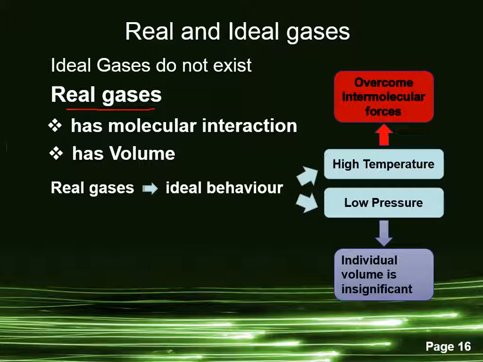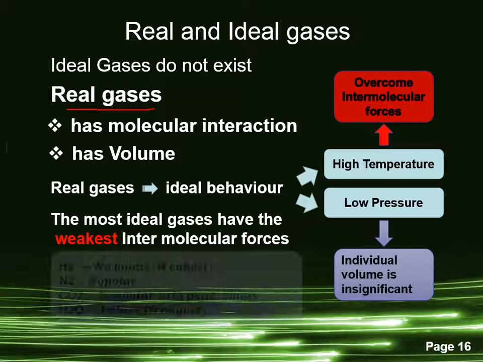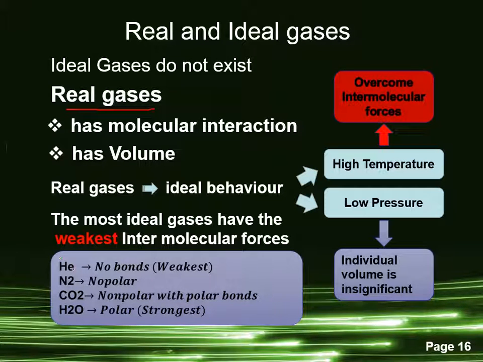The most ideal gases have the weakest intermolecular forces. For example, among these four gases, helium actually is the most ideal because it has no bonds at all. That is the weakest intermolecular forces. Nitrogen would be next because it is nonpolar. There are London or dispersion forces.